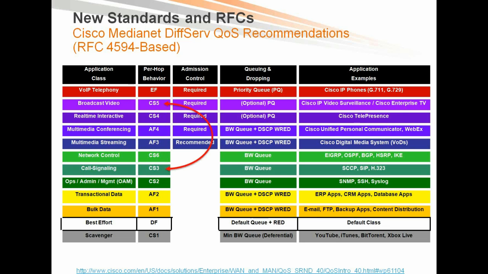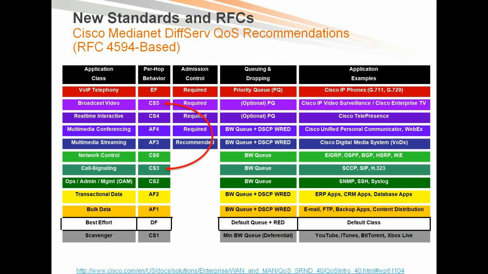Now, with that said, from the Cisco perspective, CS3 and CS5 are a little bit different than this specific RFC. CS3 at Cisco and for Cisco equipment is related to call signaling. You'll notice that because all of our call managers are set up for CS3 for call signaling. The reason that we've deviated a bit from the RFC here is quite simply because call signaling doesn't really have the same requirements as voice bearer traffic does, so we're able to remove it from the priority queue.